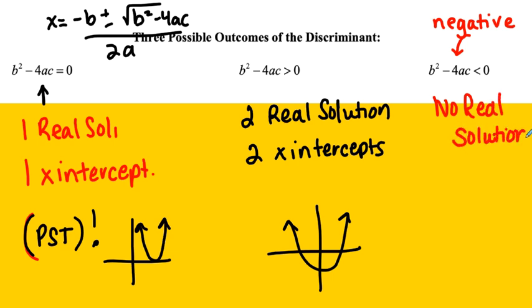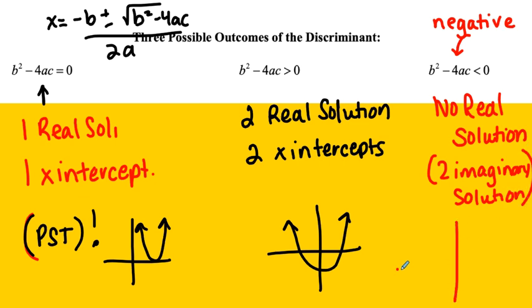It does have two imaginary solutions. Okay, now you got to be careful though. Doesn't mean a graph doesn't exist for it, okay? This is where the graph is just not going to cross the x-axis. So we can have the discriminant equals 0, greater than 0, and less than 0.